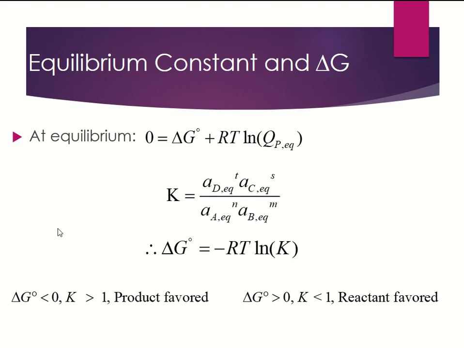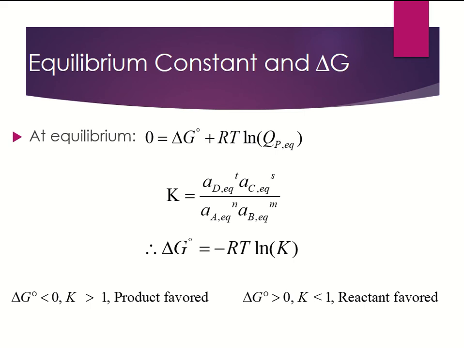The tendency is, and this is frequently how it's taught in introductory chemistry courses, to calculate delta G naught, the standard conditions for delta G, and if that is less than 0, the tendency is to say, well, the reaction is spontaneous. If it's greater than 0, the tendency is to say that the reaction doesn't occur.